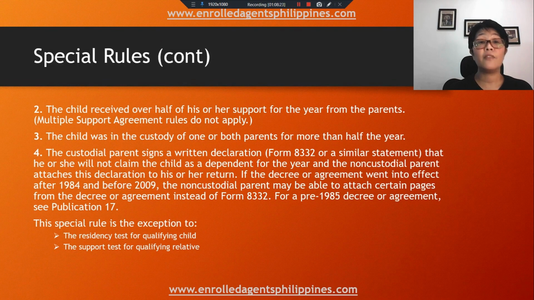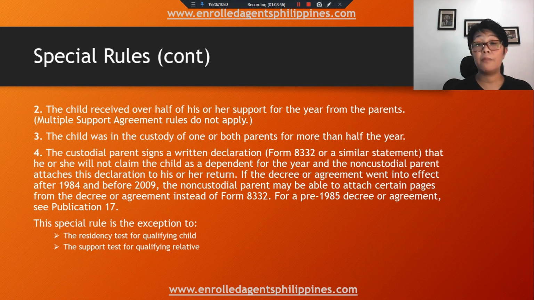The child received over half of his or her support for the year from the parents. If there is a multiple support agreement, multiple support agreement rules do not apply. The child was in custody of one or both parents for more than half the year. The custodial parent signs a written declaration, yung Form 8332 natin kanina, or similar statement that he or she will not claim the child as dependent for the year, and the non-custodial parent attaches this declaration to his or her return.